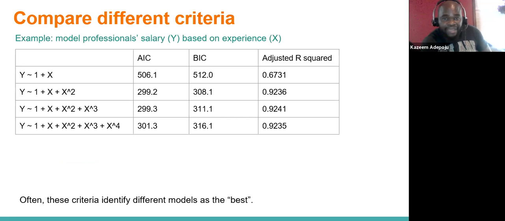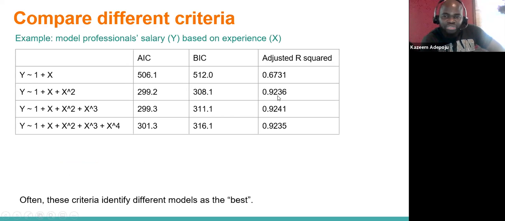But let me tell you something. In a situation whereby there's a conflict like this, we normally want to go with the AIC and the BIC. The AIC and the BIC are more powerful than the adjusted R squared. And when you take a look at the two, they are more or less very, very close.